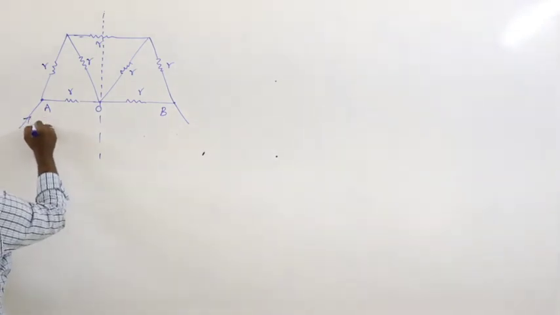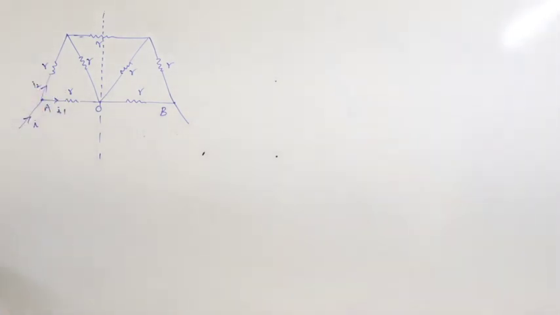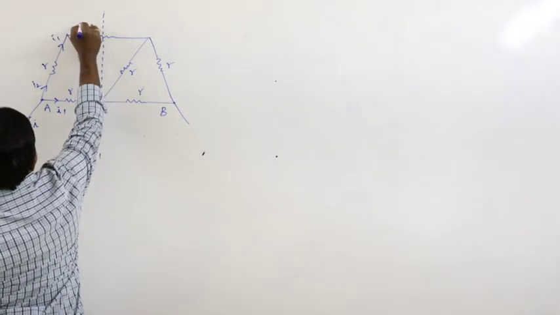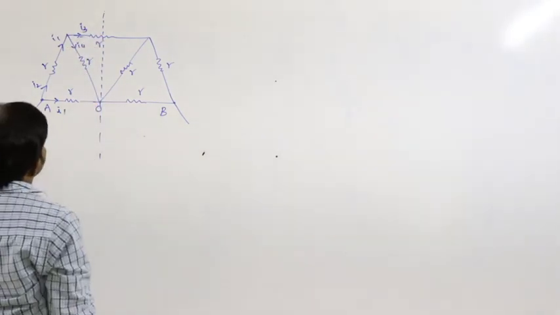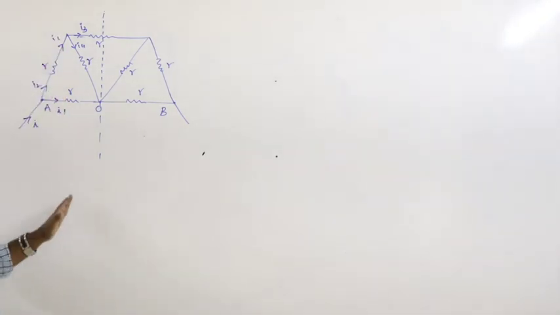Let us say current passes here, current divides into I1 and I2. Again I1 divides into I3 and I4. So this is the mirror symmetry, here it is the mirror.